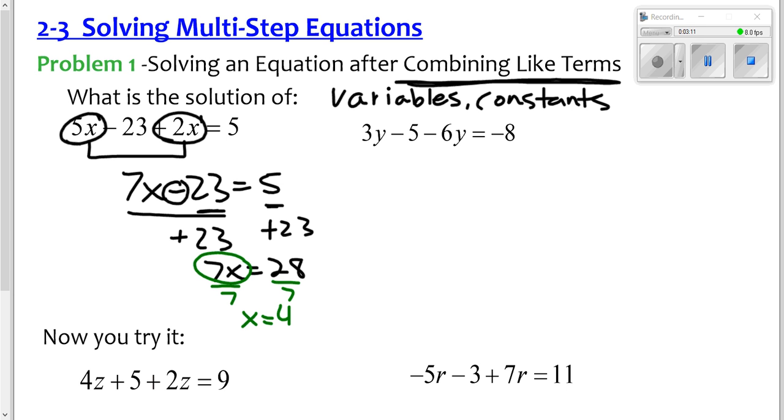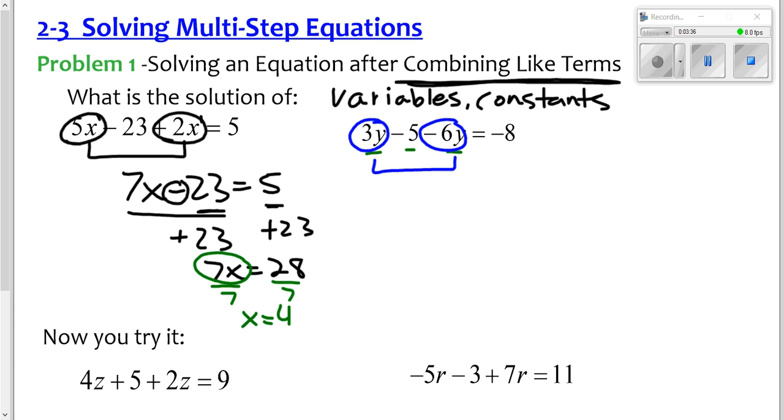Okay. The next example, once again, I've got three terms on this side, so that means I can put some stuff together. I'm going to look at the signs. I think I can put these two terms together, but this is a positive 3y, this is a negative 6y, so I'm going to need to basically subtract them.